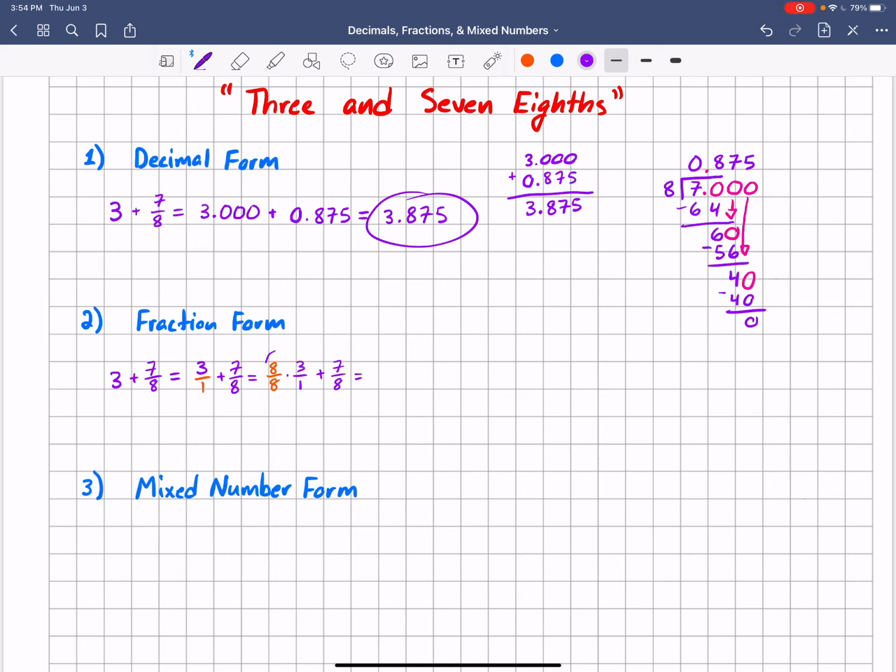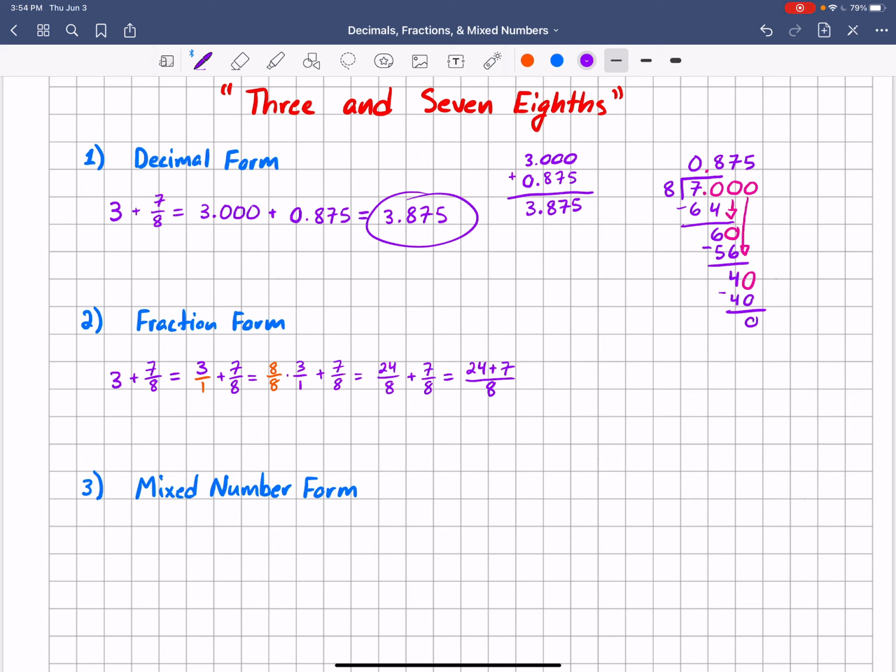But we will multiply 8 over 8 times 3 over 1. 8 times 3 is 24. 8 times 1 is 8, plus 7/8. Now that we have a common denominator, if we'd like to, we can actually write 24 plus 7 over that one common denominator.